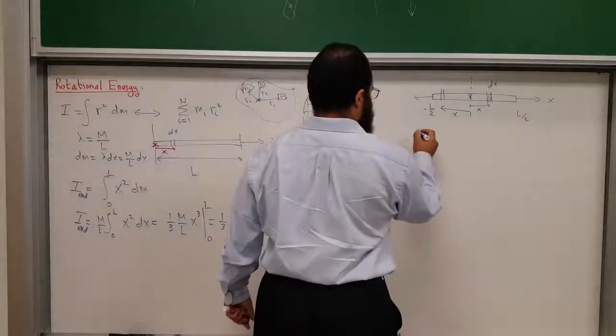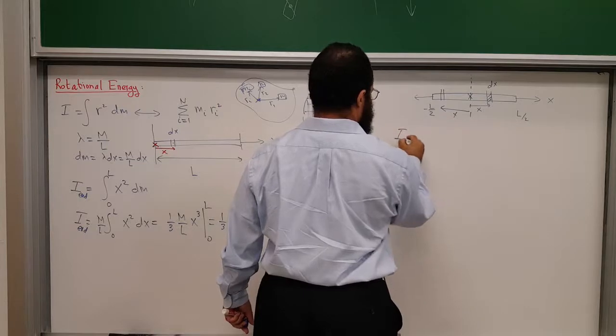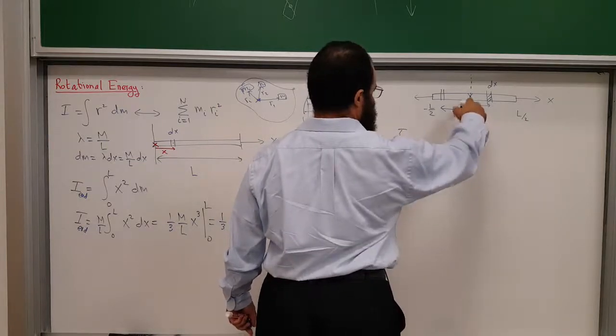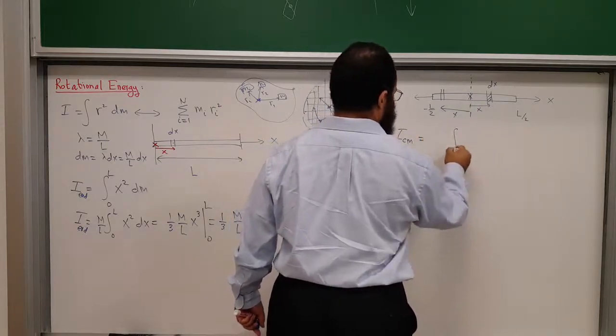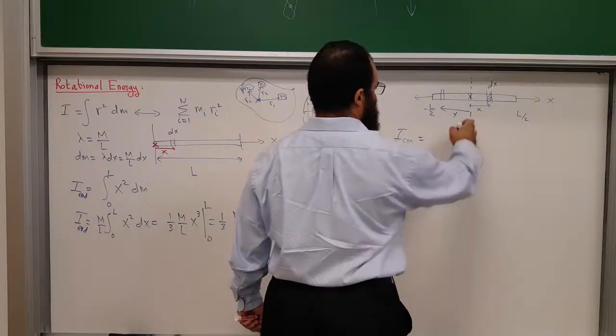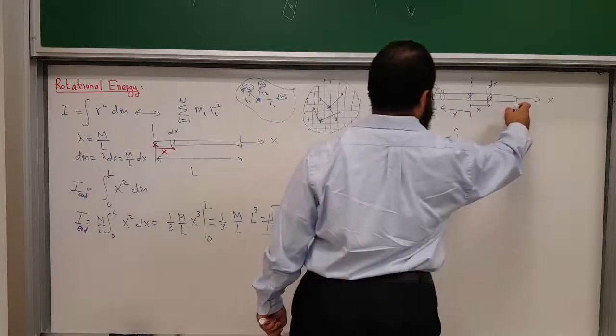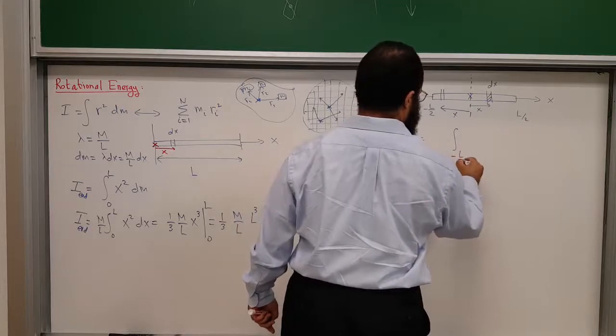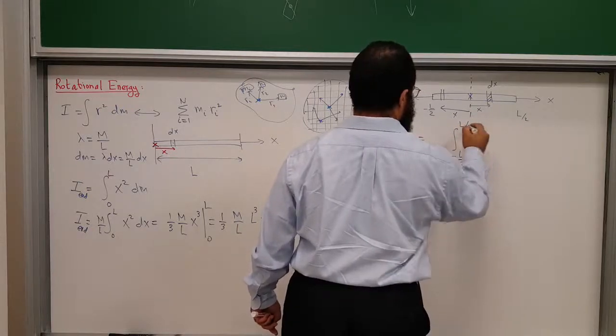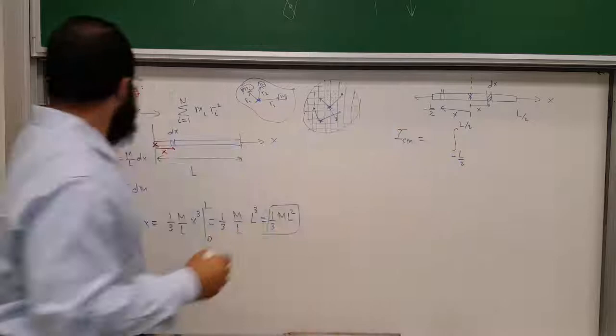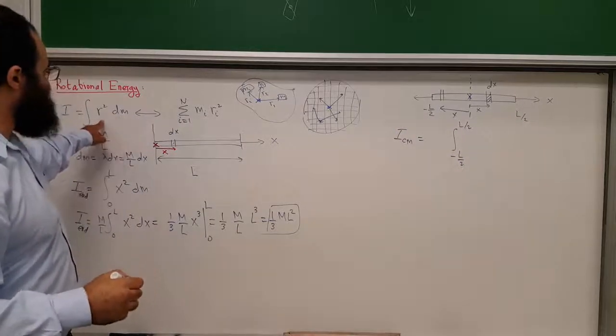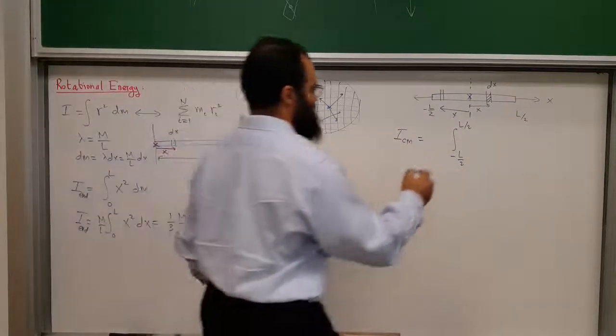So the moment of inertia about the center of mass, about the center, will be the integral from where to where? Well, x runs from minus L over 2 to L over 2. The moment of inertia says do r squared times dm. In this case, it's just x squared times dm.